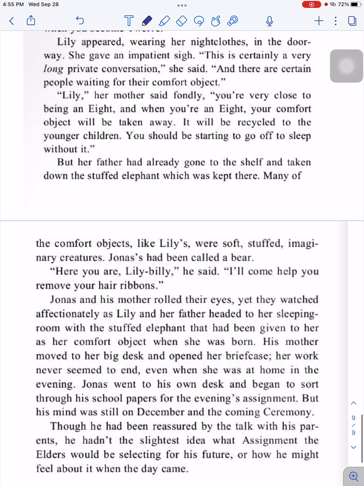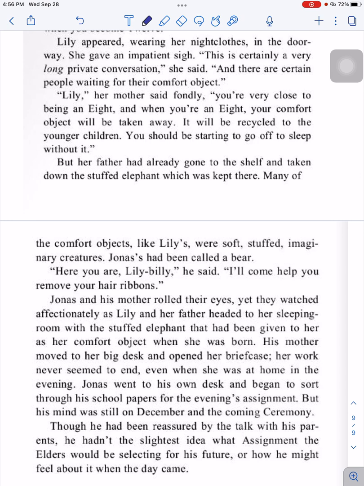Lily appeared wearing her nightclothes in the doorway. She gave an impatient sigh. "This is certainly a very long private conversation," she said, "and there are certain people waiting for their comfort object." "Lily," her mother said fondly, "you're very close to being an 8, and when you're an 8, your comfort object will be taken away. It will be recycled to the younger children. You should be starting to go off to sleep without it."